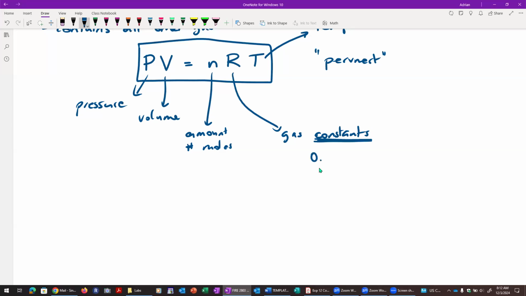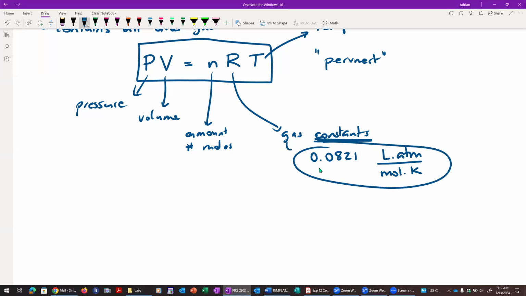But typically this is 0.0821 liter times atmosphere per mole times Kelvin, right? So right away, if we're using this value for our gas constant, we know that the volume in our equation needs to be in liters, pressure needs to be in atmospheres, amount needs to be in moles, and then our temperature needs to be in Kelvin.